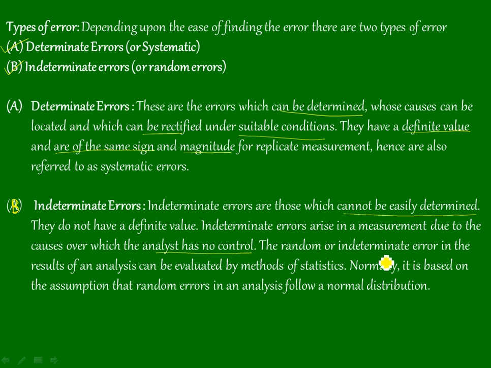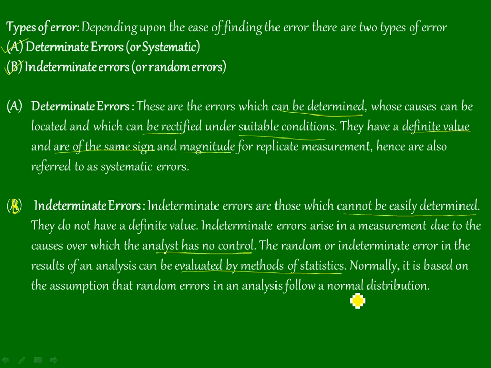The random or indeterminate errors in the results of an analysis can be evaluated by methods of statistics. So these errors can only be evaluated through the methods of statistics. Normally it is based on the assumption that random errors in an analysis follow a normal distribution.